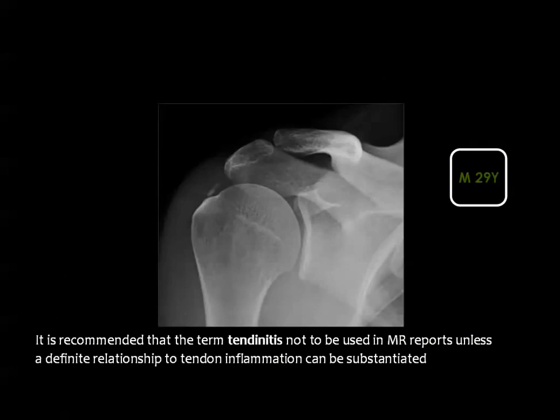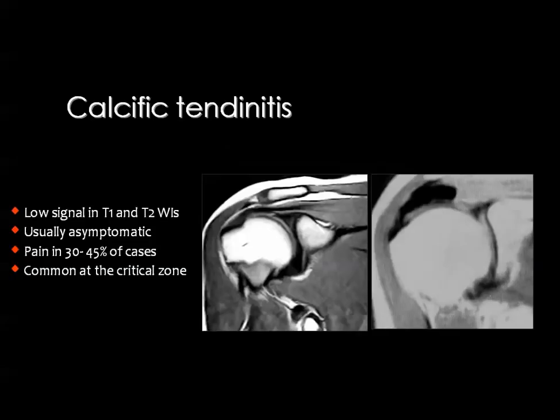Then if there is calcium within the supraspinatus tendon, and this is known as calcific tendonitis, then calcium is best appreciated by the plain X-ray and the reformatted CT images, and is somewhat difficult to be identified in MRI, because you know that calcium will show low signal in all pulse sequences, and also the tendon normally show low signal in all pulse sequences.